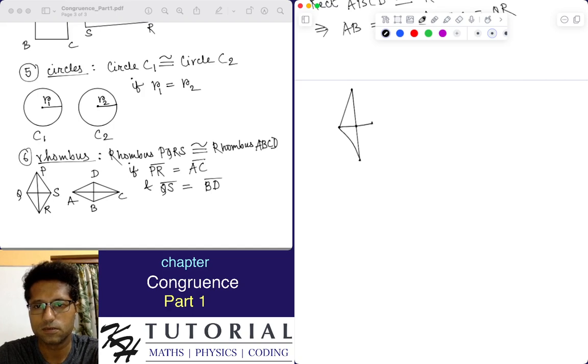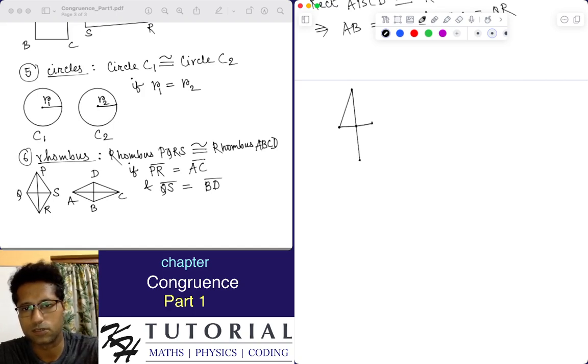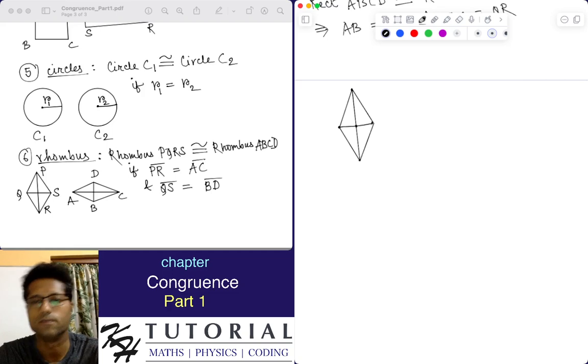So this is basically the structure of a rhombus, where the diagonals could be of different length, but they bisect each other at right angles, and also all the sides of a rhombus are the same. So this side will be x, this will be x, this will be x, and this side will also be x.